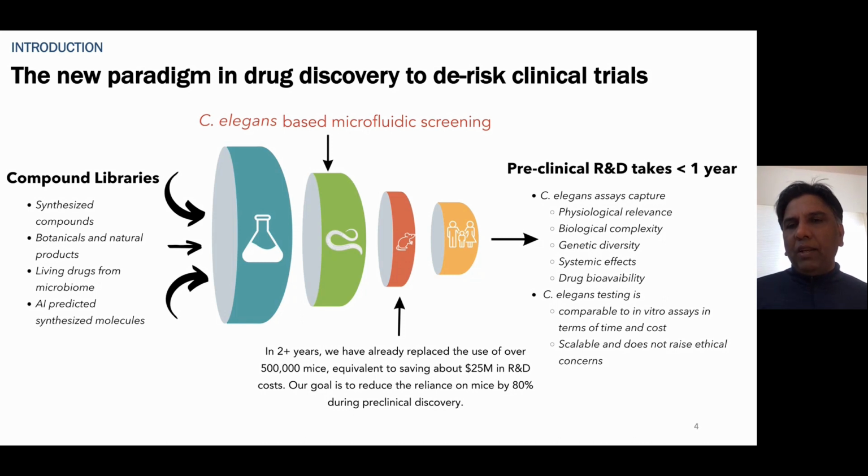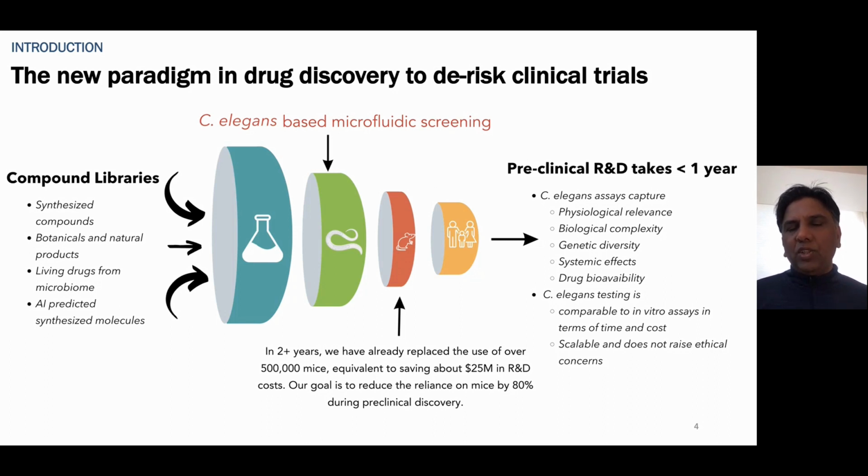Because it's an intact whole organism, it clearly addresses some of the limitations of in vitro assays. In fact, I would say that the throughput of C. elegans testing is becoming comparable to in vitro assays. That means it is possible to start thinking about in vivo assays early on because, as I'll show, it's a very scalable approach to do high throughput screening.